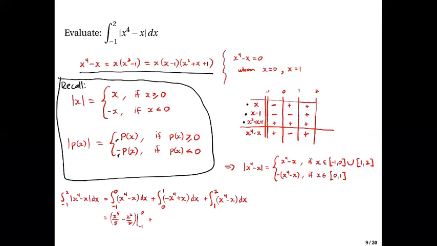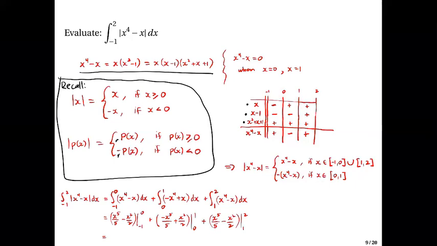And then plus minus x to the 5 over 5 plus x squared over 2, evaluated from 0 to 1, plus x to the 5 over 5 minus x squared over 2, evaluated from 1 up to 2.